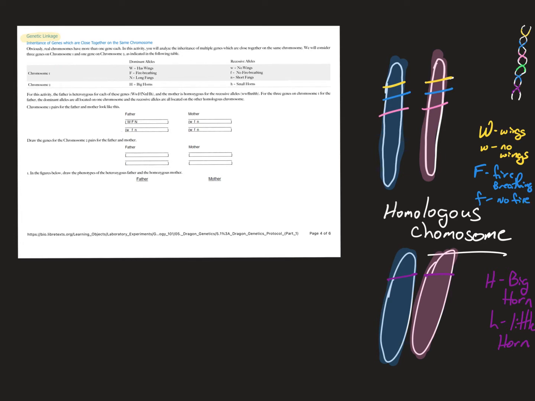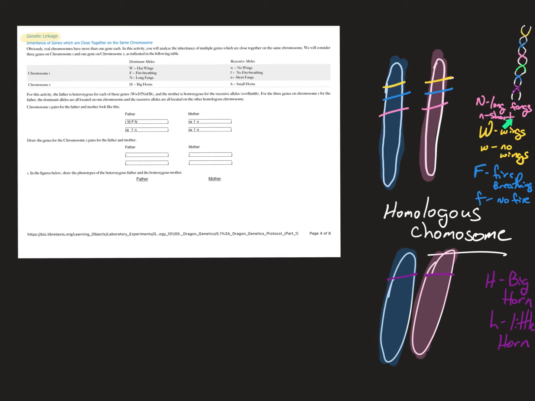And N would be long fangs, and small n short.